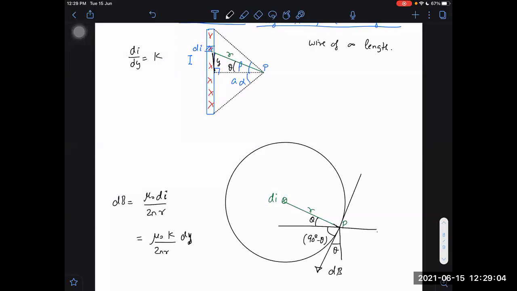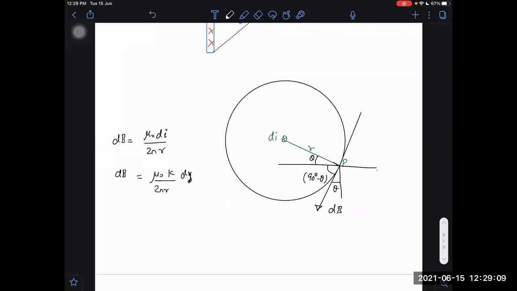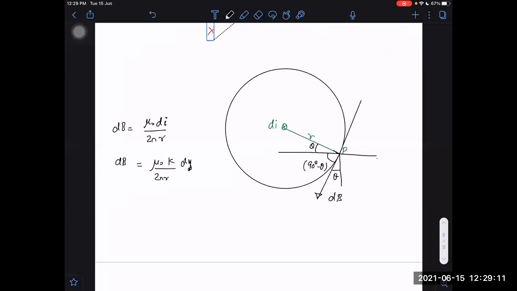This is dB, but I want it in component form. dB vector will become mu naught k upon 2 pi r into dy, cos theta along minus j cap and sin theta along minus i cap.